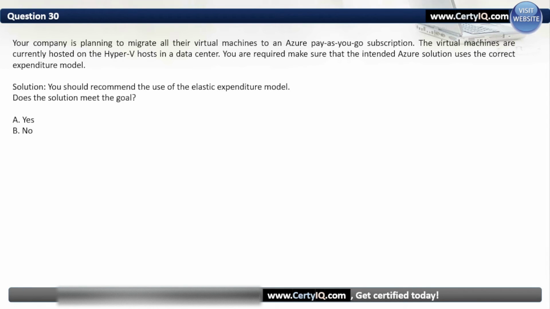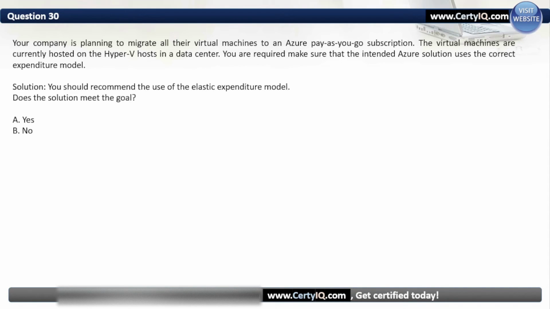Question 30. Your company is planning to migrate all their virtual machines to an Azure pay-as-you-go subscription. The virtual machines are currently hosted on the Hyper-V hosts in a data center. You are required to make sure that the intended Azure solution uses the correct expenditure model. Solution: you should recommend the use of the elastic expenditure model.